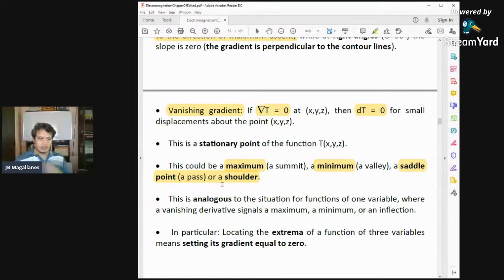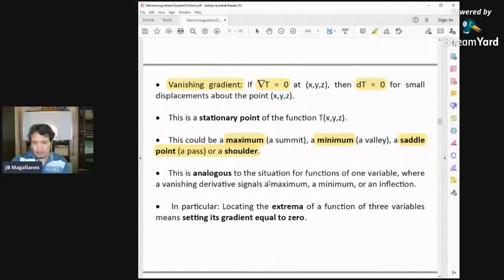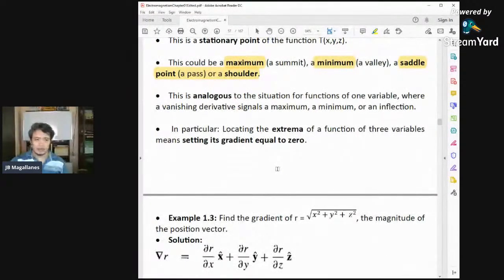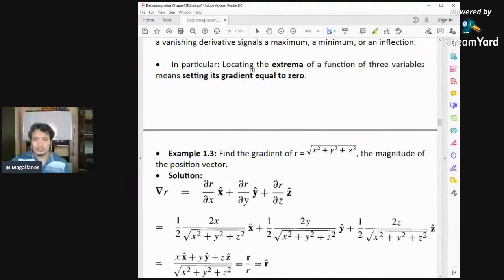Here, the slope on the shoulder is also equal to 0. You can review your calculus and see what I mean about maximum, minimum, and saddle point. They have clearer pictures on single variables. Now, if you want to look at the extrema, you just have to equate the gradient to 0.